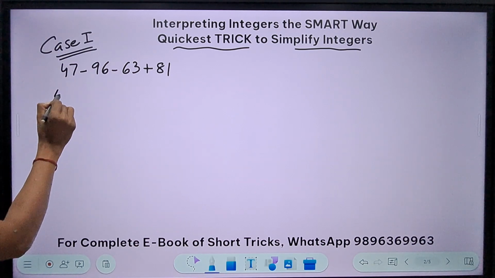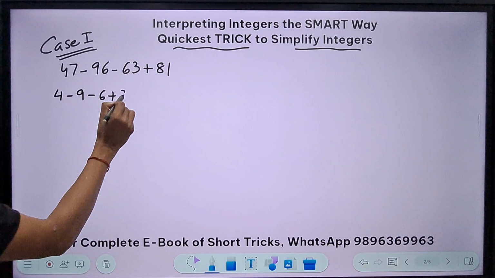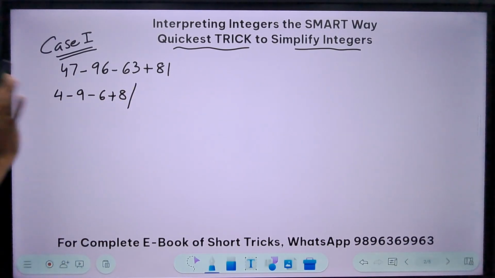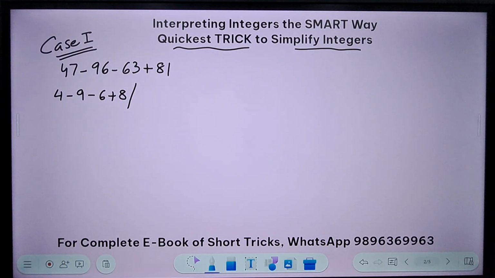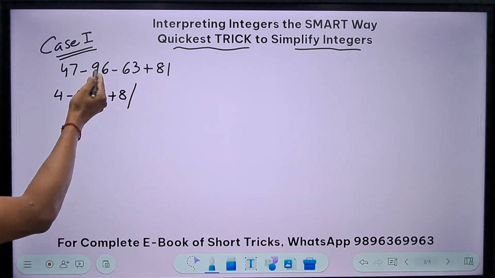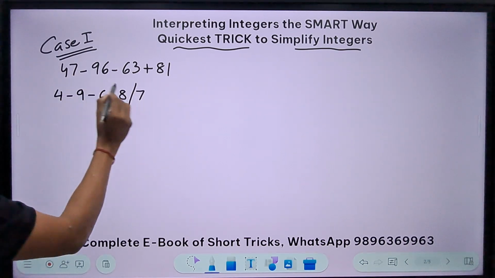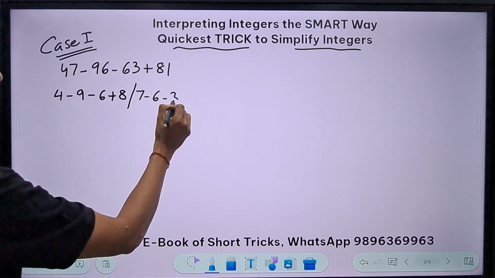So 4 minus 9 minus 6 plus 8. See, what did I do? I just took the first digit of all the integers, keeping the sign the same, and likewise on the other side of the slash I will write the second part of the integers, 7, and mind you the sign has to remain the same, minus 6 minus 3 plus 1.